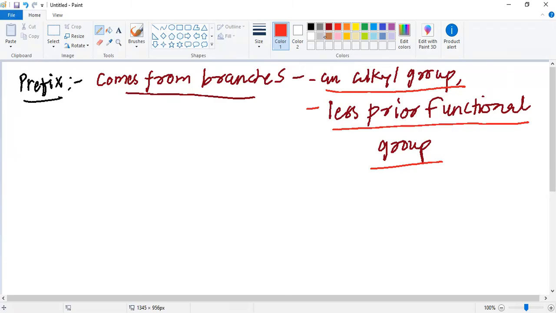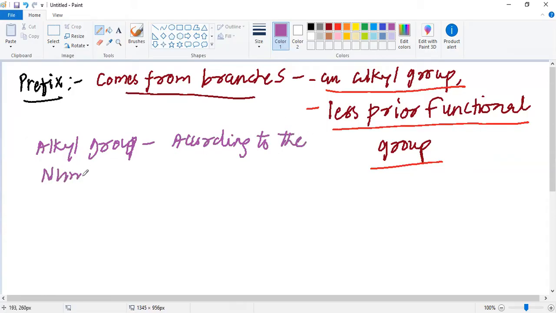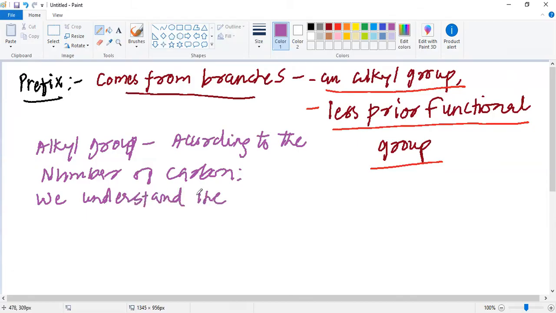Suppose we have an alkyl group, so according to the number of carbon, we understand the branch, we put YL as so.